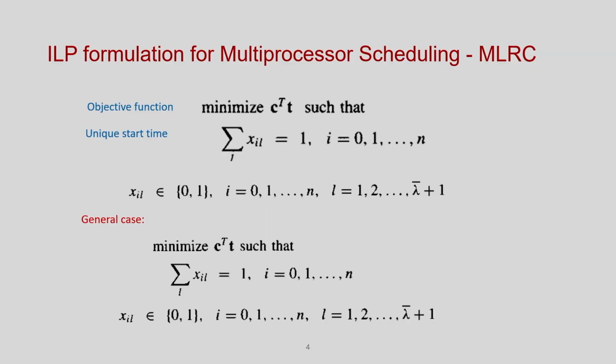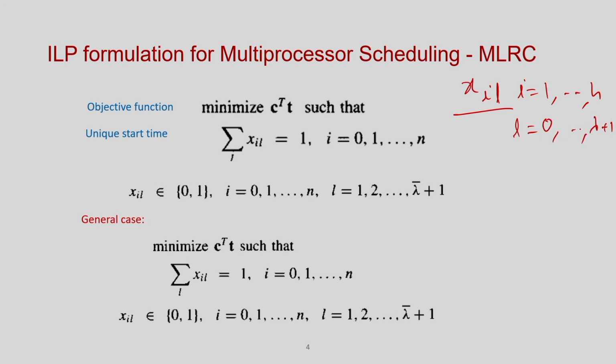If you remember, in this ILP formulation we have taken a variable called x_il. What is our objective? Our objective is to identify the timestamp where each operation is going to start its execution, and that is unknown. So I have taken a variable x_il, where i varies from 1 to n representing the nodes, and l representing the timestamp, which is 0 to lambda plus 1.